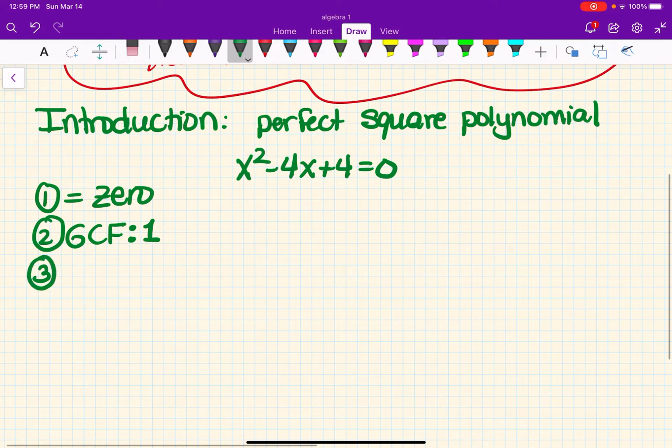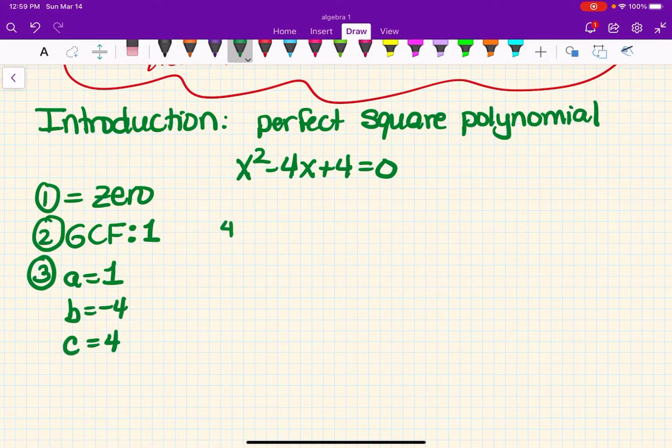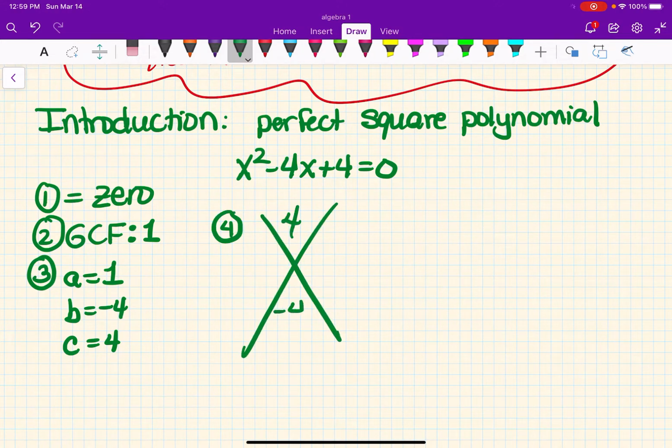ABC. A is 1, it's invisible, B is -4, and C is +4. Step 4 is to do our magic X. 4, -4. So this is -2, -2. Remember that creates a magic X, and X magically appears.